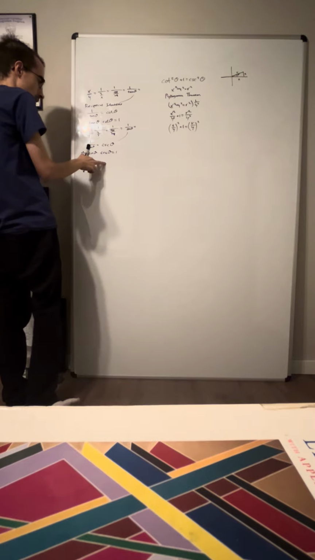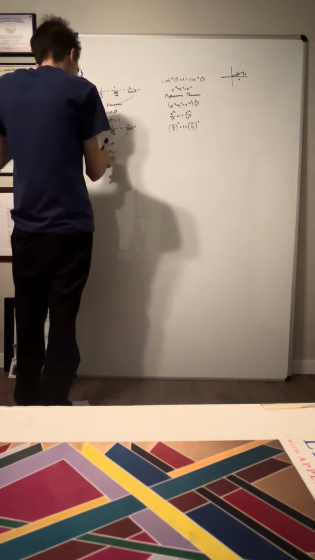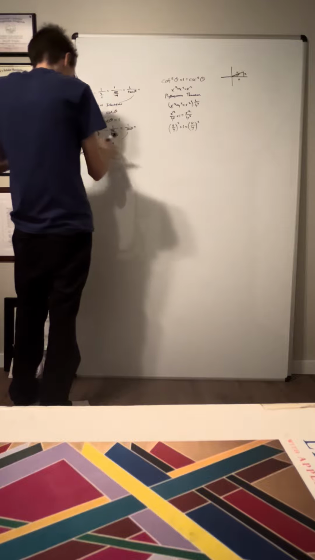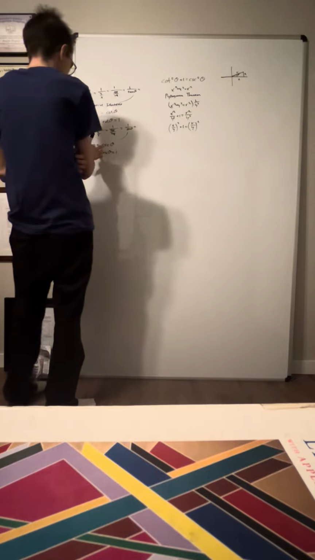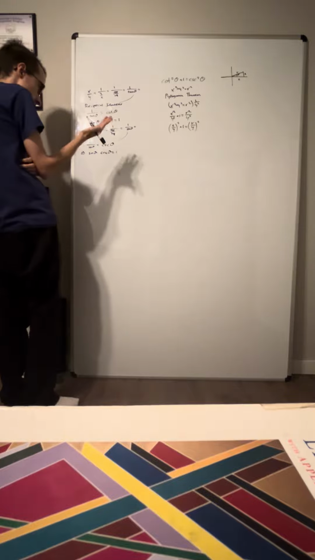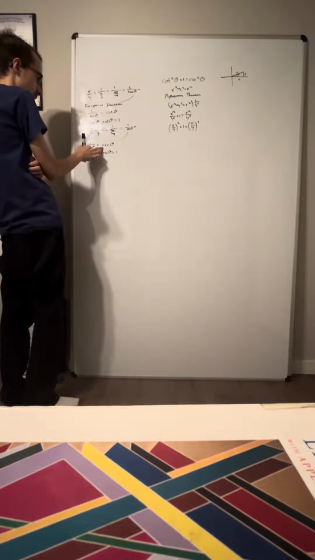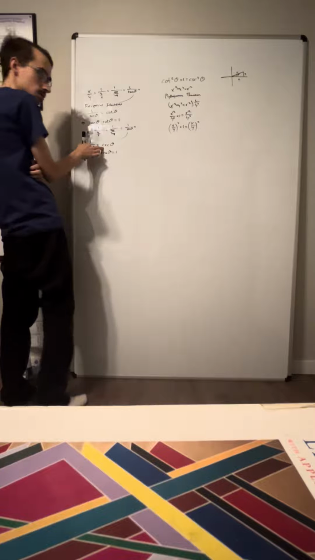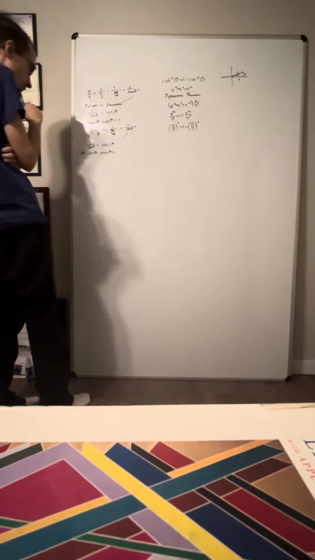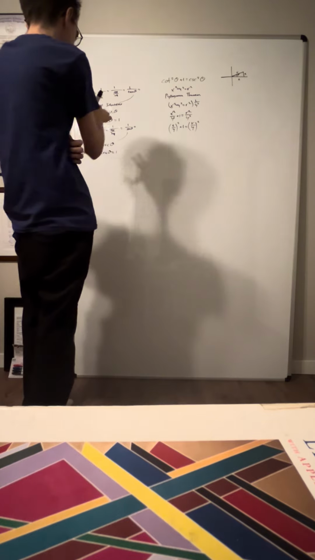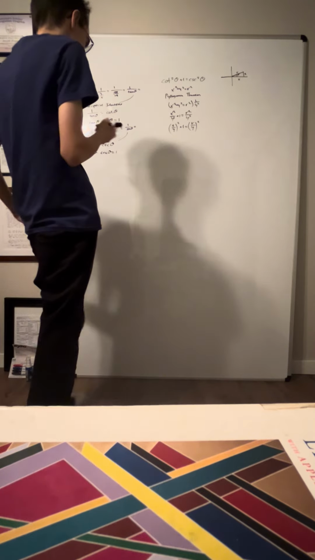Also, cosine and secant are reciprocals of each other. So the way that I like to remember it is that the S's go with the C's. As long as you can remember this, you should be able to put together the pieces.